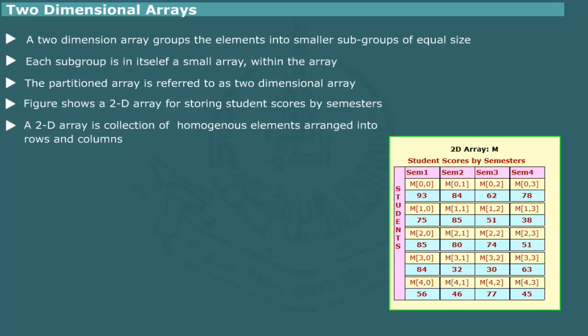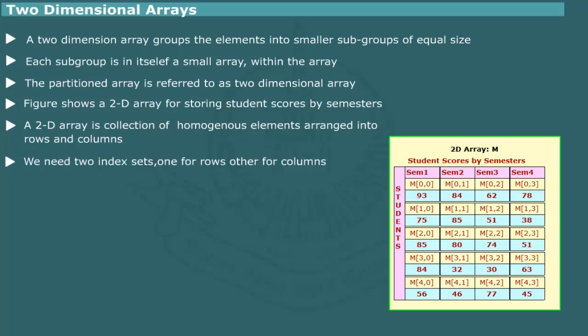Formally, a two-dimensional array is a collection of homogeneous elements which are arranged into rows and columns. In order to identify individual elements, we need two index sets, one for the rows and other for the columns. The indexes follow the array name and are enclosed in a pair of square brackets.